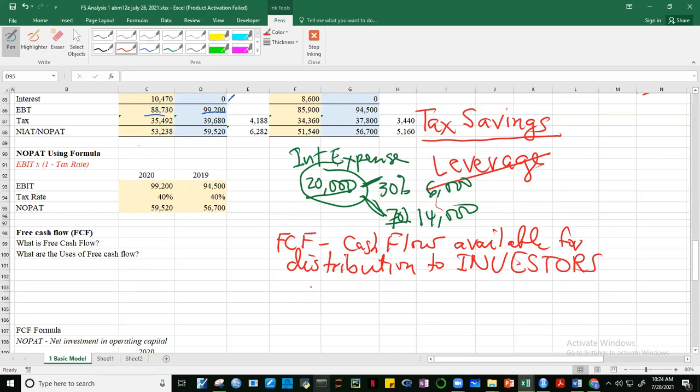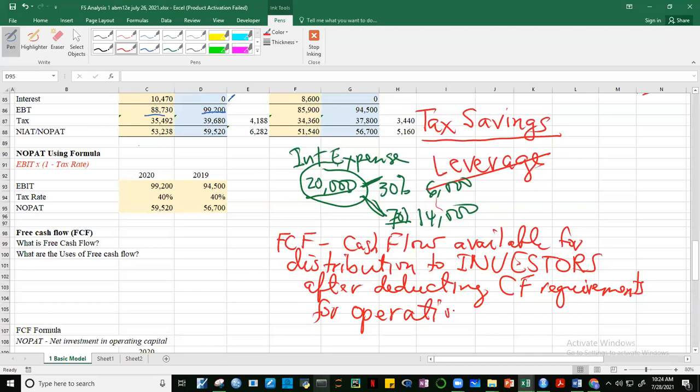after deducting cash flow requirements for operations. Okay, so that's the general description of free cash flow. Kaya nga ang tawag sa kanya free, no? So these are cash flows available for distribution to investors after deducting cash flow requirements for operations.